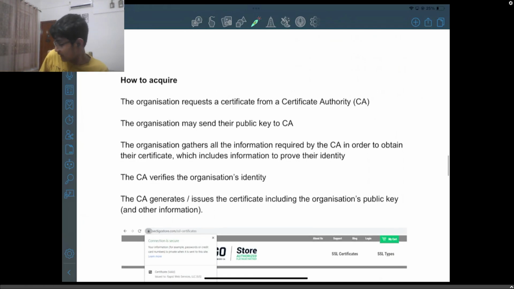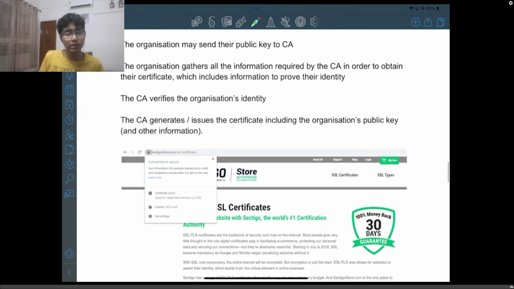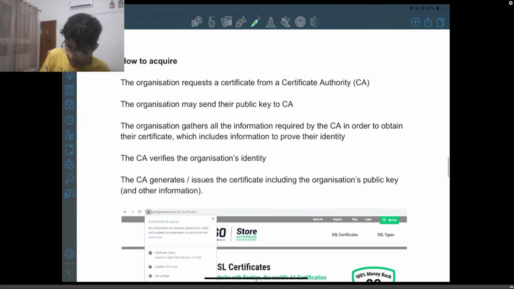Now, how does one acquire a digital certificate? The organization or person will request a certificate from a certificate authority. These are like the high level bodies, not Google, but others like Let's Encrypt that allow you to get certificates. The organization may have to send their public key to the certificate authority.